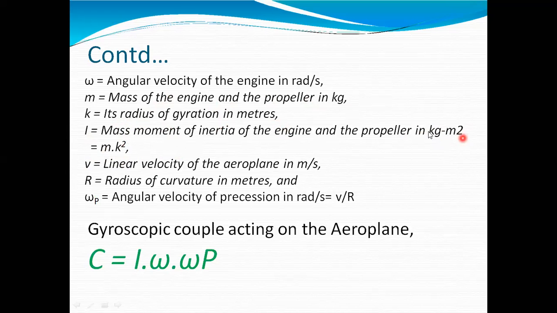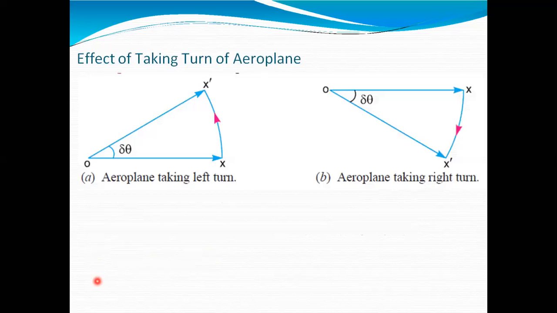So if we are having the value of I, omega and omega p, then by the product of these three values, we can find out the value of C, and this C is known as gyroscopic couple. This gyroscopic couple value will be responsible for producing gyroscopic effect in the aeroplane for orientation of the aeroplane while it's taking turn either in left direction or right direction.